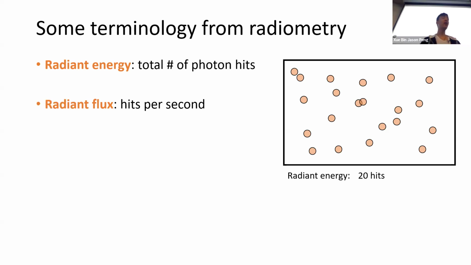Radiant flux is not counting the total number of hits that we observe on the surface, but it's counting the rate at which photons arrive on the surface. So in this example, we counted a total of 20 hits over the course of about 2 seconds. And so we can say that the radiant flux, the rate at which the photons arrive on the surface, is going to be roughly about 10 photons per second.